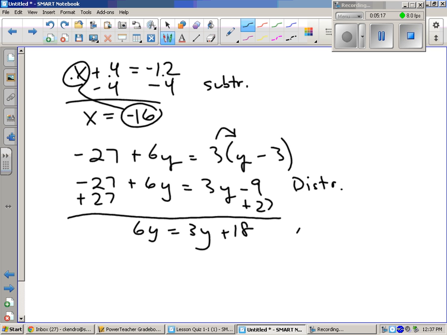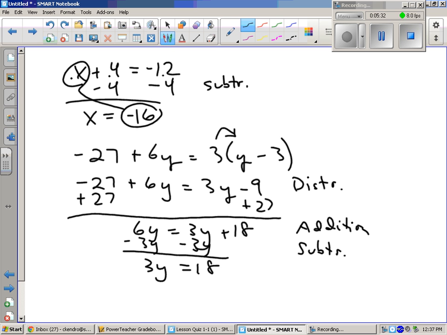I'm going to call that the addition rule for equality. Then I'm going to subtract 3y from both sides, so I get 3y equals 18. That would be subtraction. Then I get y equals 6 because of division. I may have you write those in when you do some problems. So just be aware of the steps that you're taking.